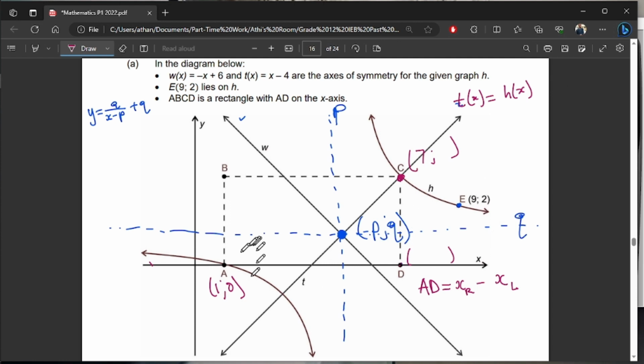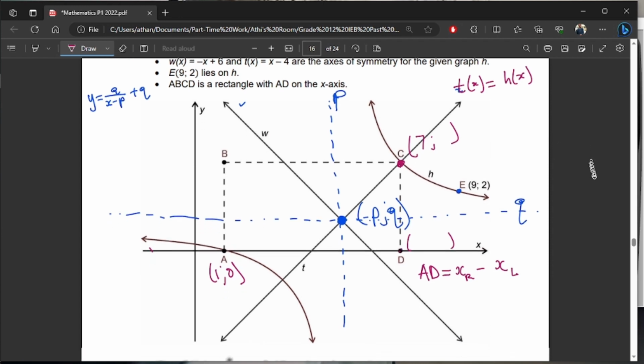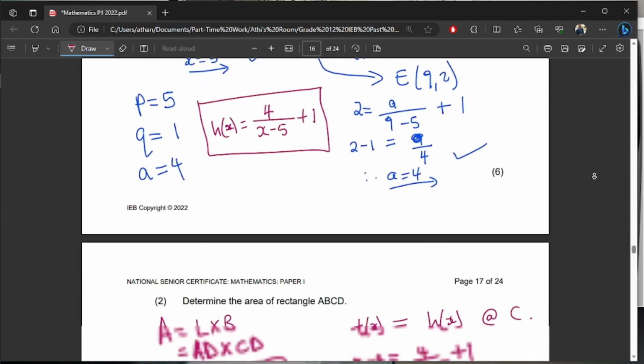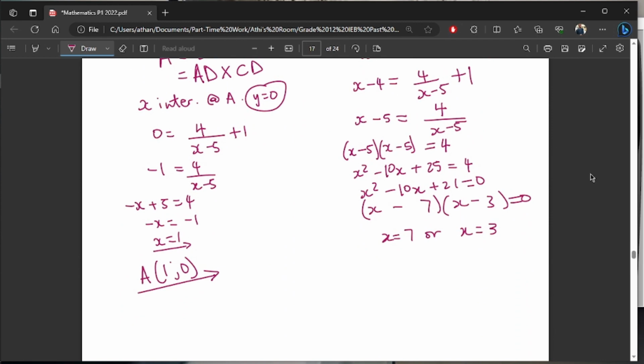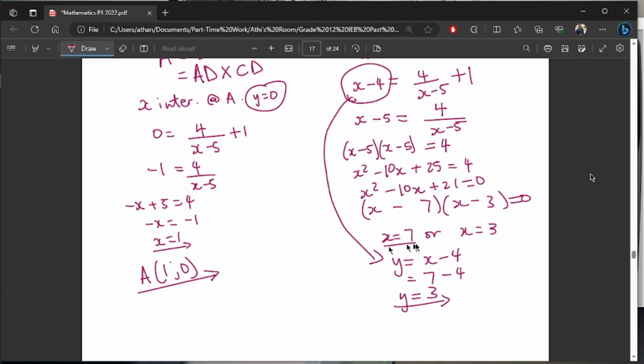So we take the highest one because our C is very, very far from the value of 3. Then use one of the equations to find y. I'm going to use specifically that one. My y is going to be x minus 4, and our x is 7, so 7 minus 4. y becomes 3 at C, meaning the coordinates of C are (7, 3).